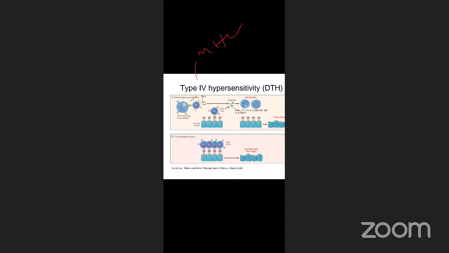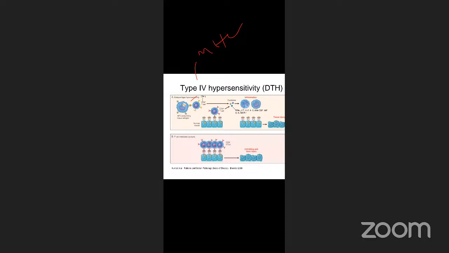The macrophage will go and do phagocytosis. The B cell will release antibodies. The TC cell can damage the entire area by releasing different types of granzymes and enzymes. These will damage the cell, may lead to the death of the cell, and may lead to necrosis of the target site.